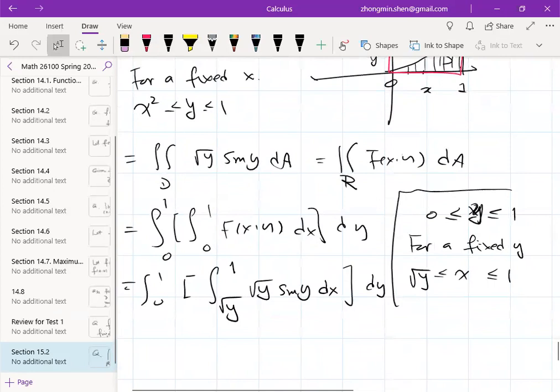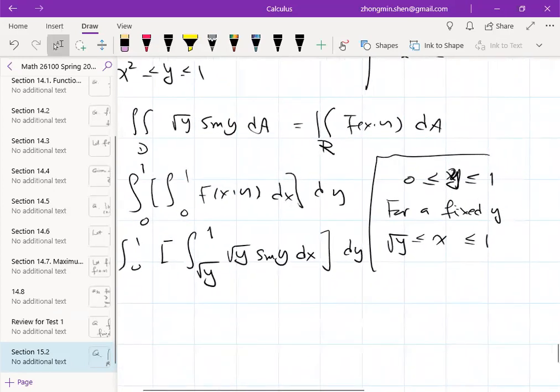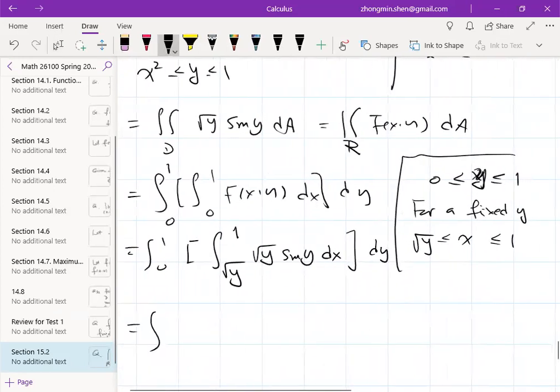The function is square root of y sine y. But this is a constant function with respect to x. So the antiderivative will be just square root of y sine y, and you put the x here, right?